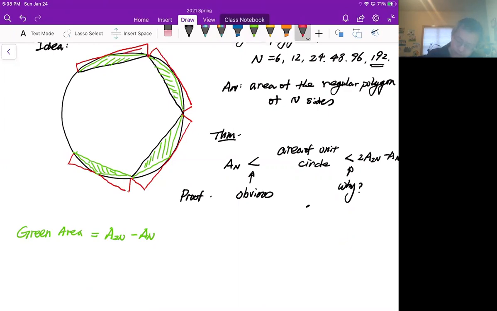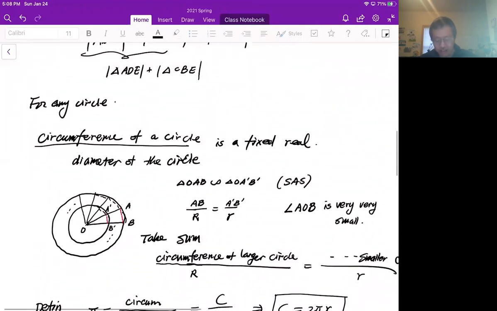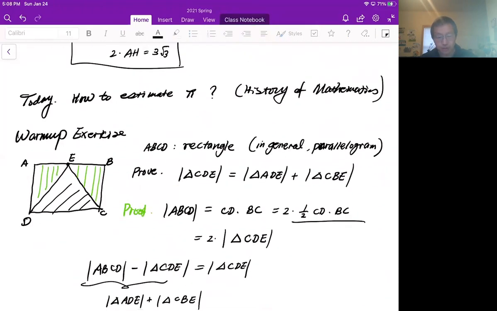If I want to do the red area, those are the red areas. So how big are those red areas? Well, according to what we did earlier, the warming up exercise, it's the same thing. The red area and the green area are the same. Does it make sense?